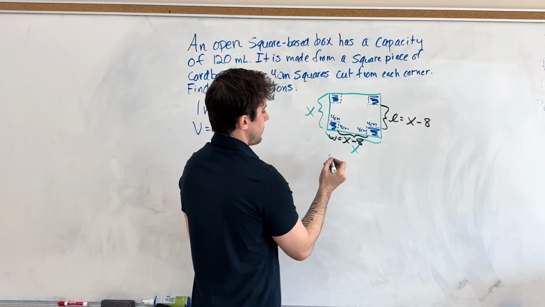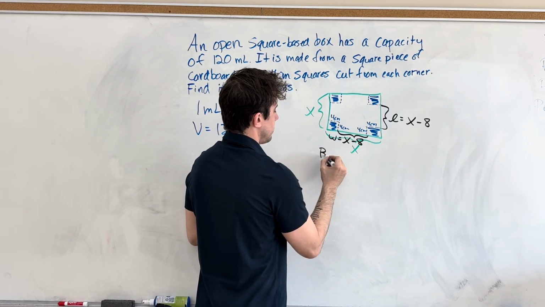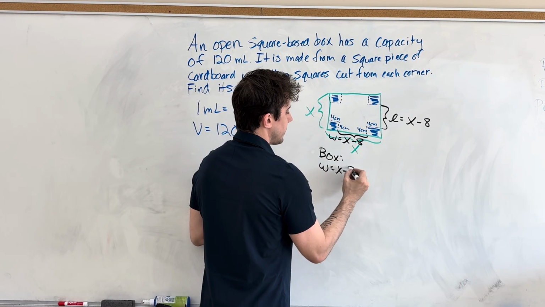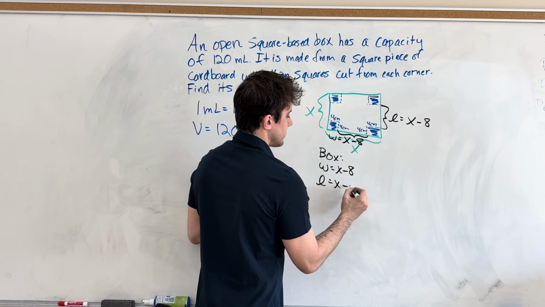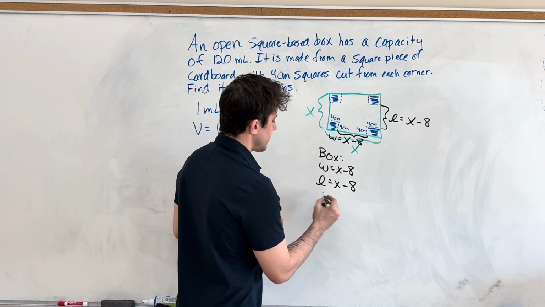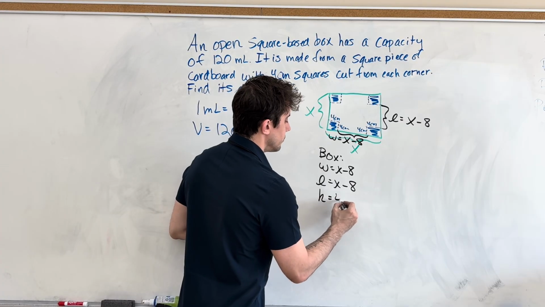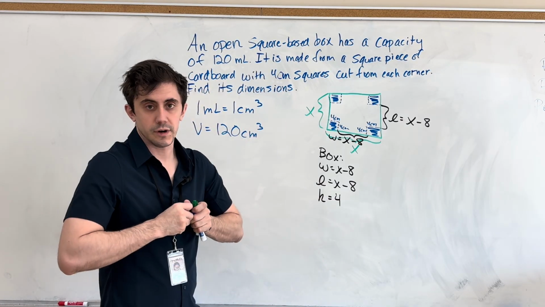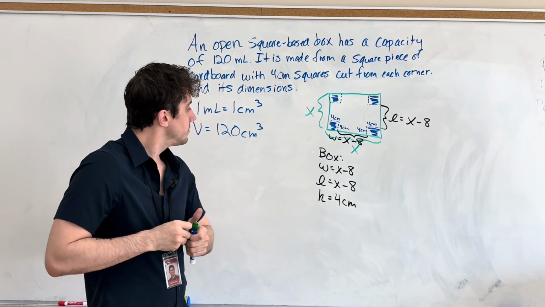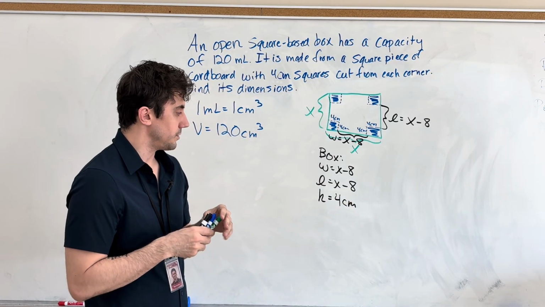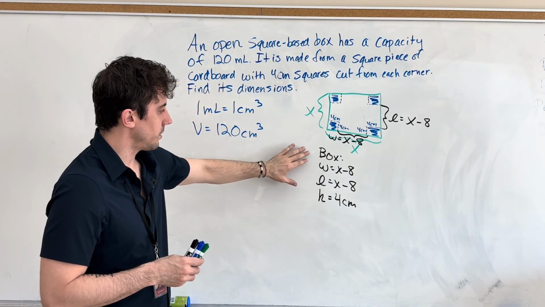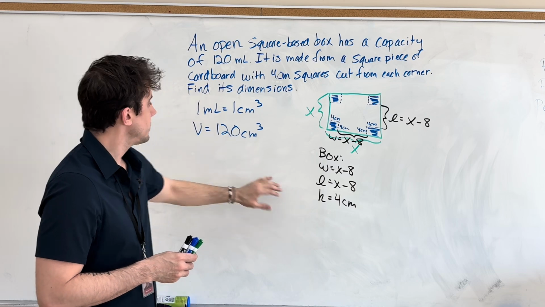And so that means that for our box, we have a width of X minus 8, a length that is also described by the expression X minus 8, and we have a height with a numerical known value of 4, okay? Or rather 4 centimeters to be proper along with units.